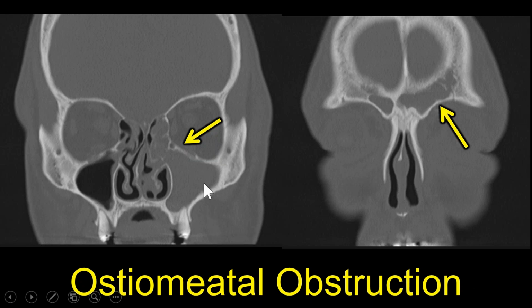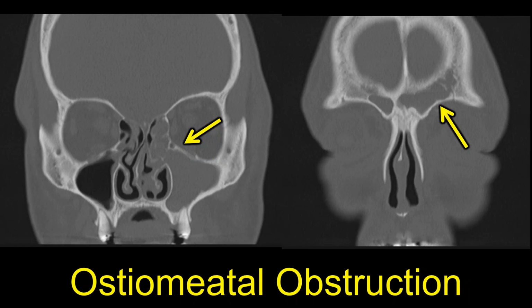And here on this coronal CT, we see that the maxillary sinus on the left is completely opacified. We have complete opacification of the ethmoids that the arrow is pointing to. And on the right-sided image, more anteriorly, we see that frontal sinus on the left is completely opacified. So the frontal, the anterior ethmoid, and the maxillary sinuses are all completely opacified.